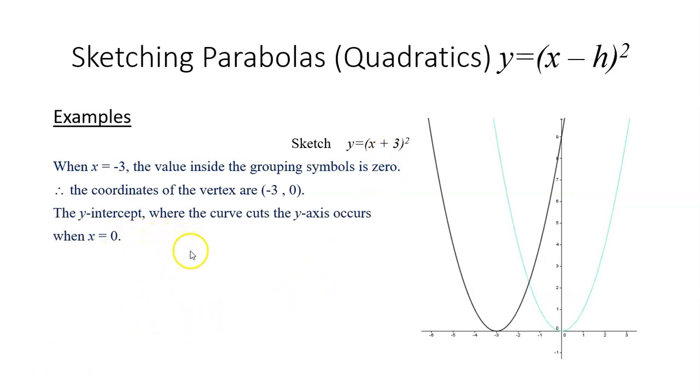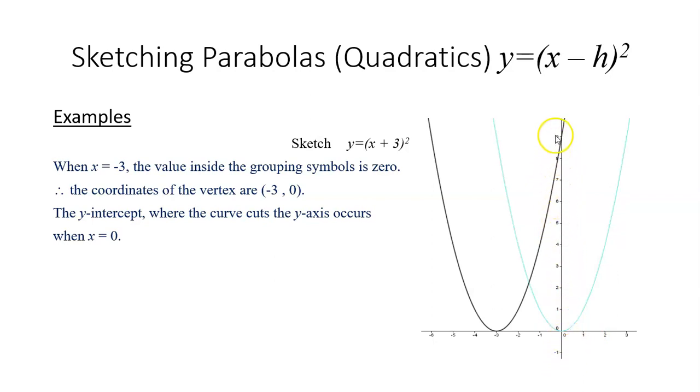Another point that's important to know is the actual y-intercept. So where this curve now cuts the y-axis. So here's our y-axis, and you'll notice that it cuts it up here at 9. And that occurs when the x value is 0 along the y-axis.